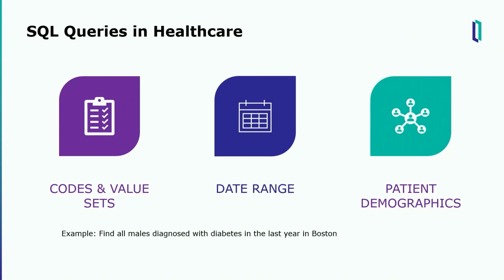The data that's from several years ago may not be relevant, or you might be interested in a very specific period because, for example, HEDIS measures are based on a calendar year. So you're typically interested in date ranges, and we'll talk about optimizing for that. And then there's patient demographics. You're often looking at things by geographic location, by where the patient lives, or their race, their gender, things of that nature. So we'll talk about that as well.